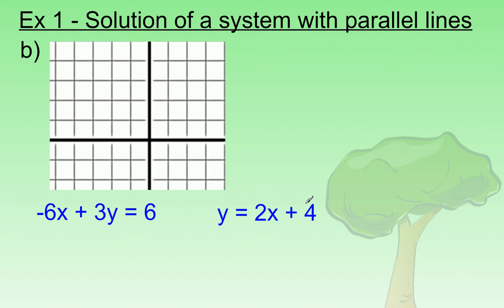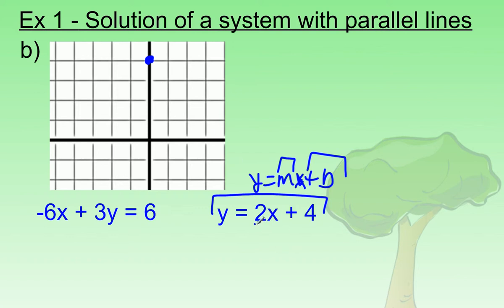Okay, so this first equation we can graph. It's already in slope-intercept form. y equals mx plus b, just as a reminder, where the m is the slope and the b is the intercept. So the intercept is 4. 1, 2, 3, 4 on the y-axis. It is the y-intercept. And the slope is 2.